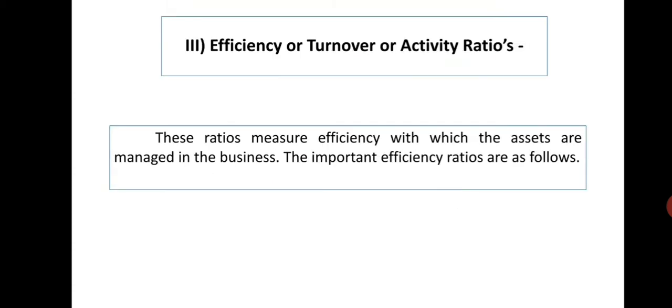Next important discussion here, efficiency or turnover or activity ratios. So what is efficiency ratios? These ratios measure the efficiency with which the assets are managed in the business. As the very name indicates, it shows the efficiency with which the various assets are managed in the business.